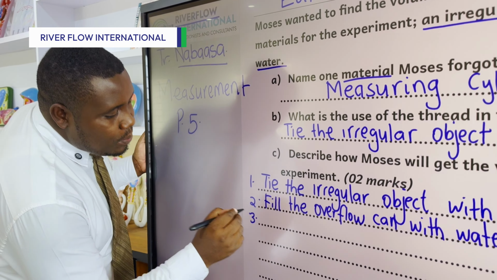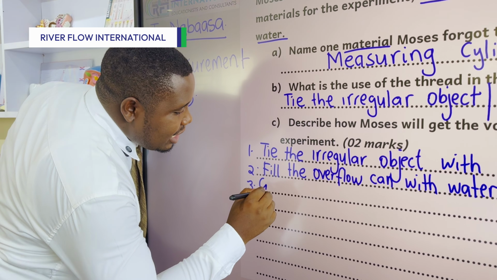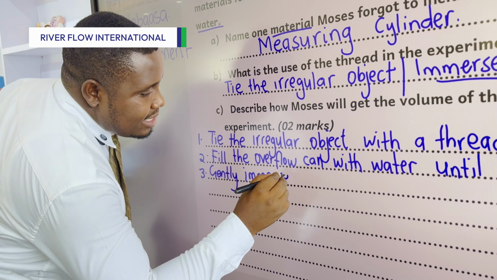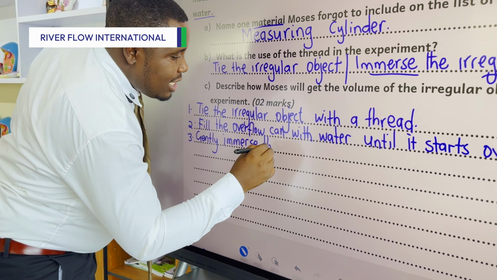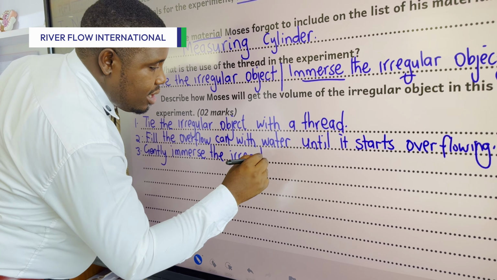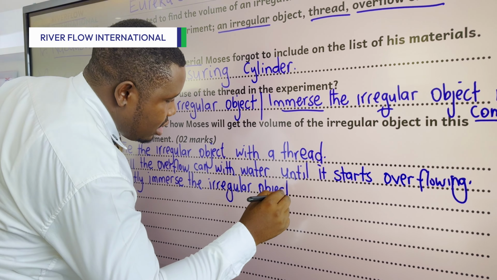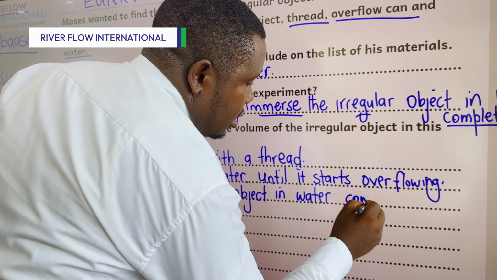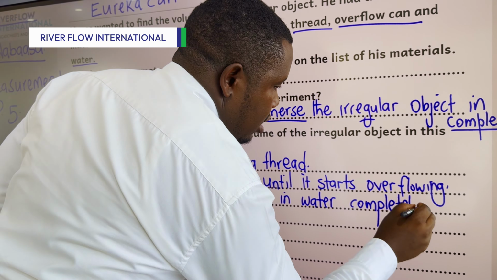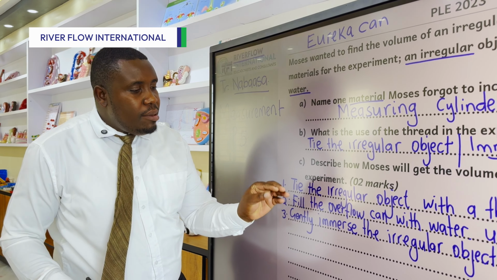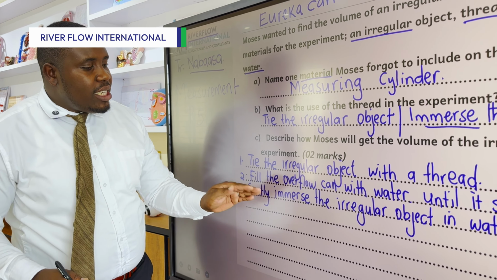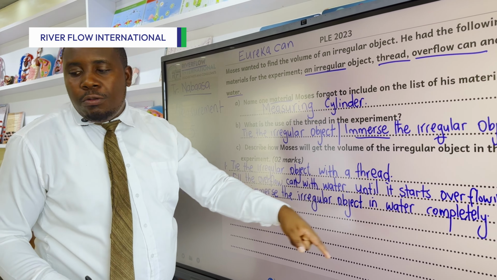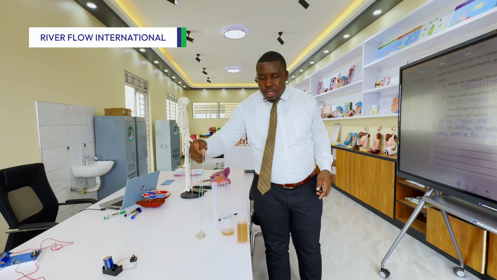Now, we are going to step number 3. Gently immerse, or lower, the irregular object in water completely, which water is now in the overflow can.